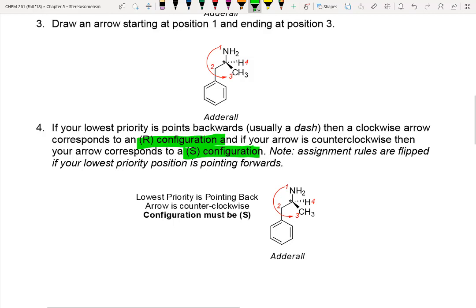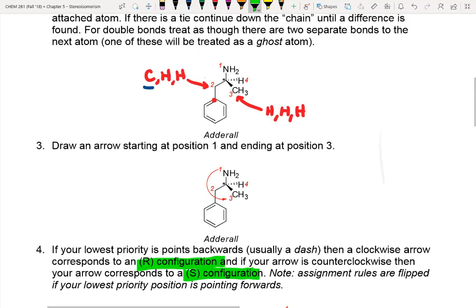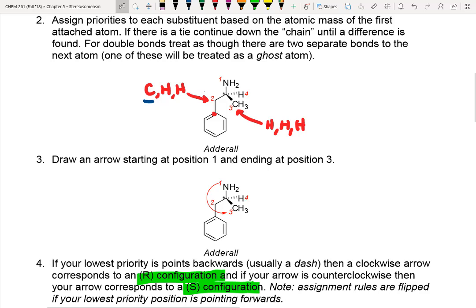Nitrogen's the heaviest, so it got position 1. Then we had a carbon-carbon tie. That's why we had to go further out the chain, find the tiebreaker, and then give that number 2. The one after that was number 3, and then hydrogen being the lightest must have been number 4. Don't jump straight to the total mass of the group. You're only looking one atom out at a time.